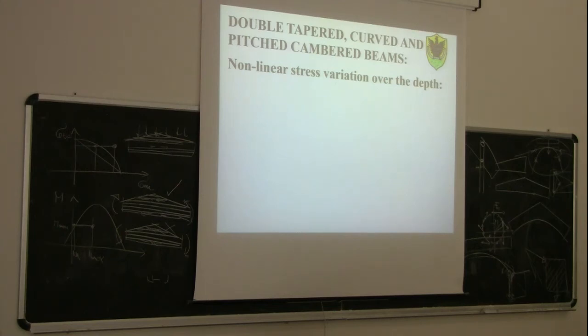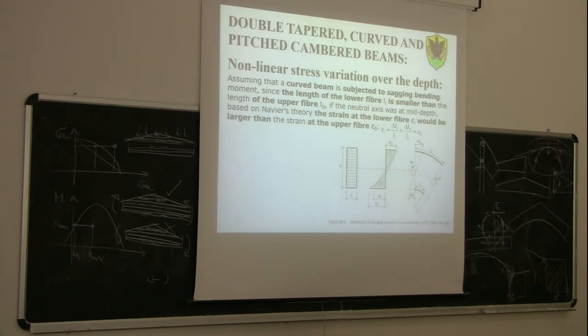So, consider now a small piece of a curved member, like here, subjected to, for example, sagging bending moment, so positive bending moment. Suppose that the neutral axis is at mid-depth, like in the case of the Saint-Venant theory.